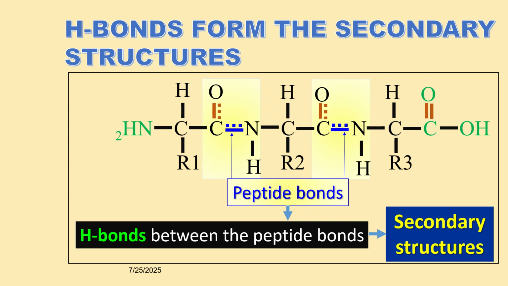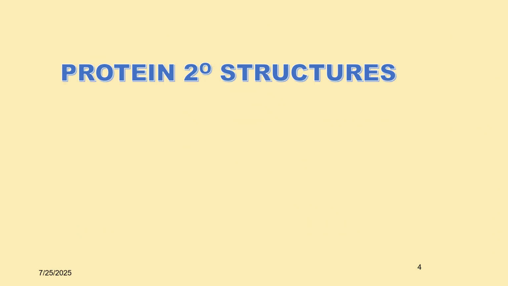So all 5 types of secondary structures are stabilized by hydrogen bonding, and that bonding is between the peptide bonds. This is a very important point. So this is a commonality in all 5 different types of secondary structures.